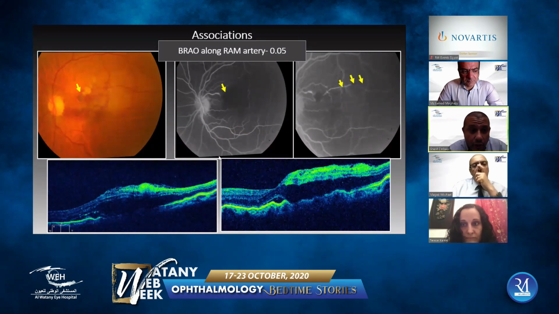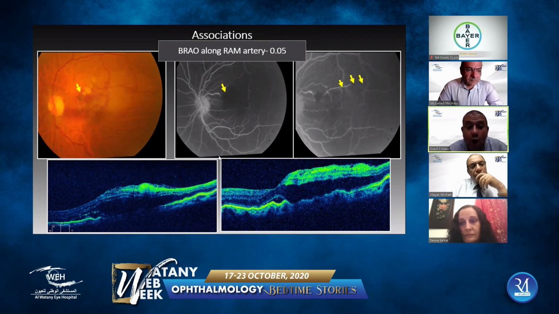I'm a little bit cautious with laser treatment because in the previous era, when we did lasers, I have met maybe 1 or 2 patients who developed branch arterial occlusion, even if you do a laser around the aneurysm, just touching its wall or the perianeurysmal area. So I would go for AntiVEGF injection, or I would just observe the patient, and this edema will go within weeks or months.